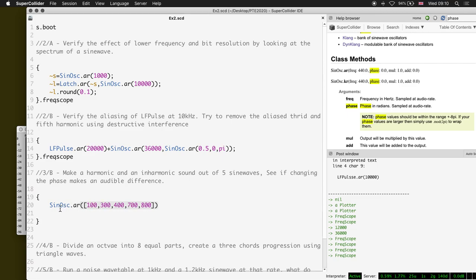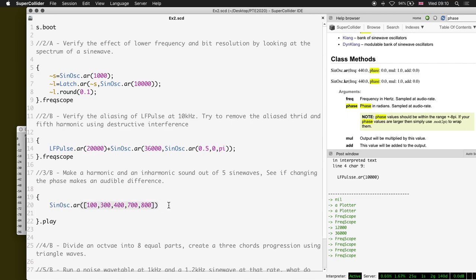Having said that, once you have an array of 5 sine oscillators, if you play that back, what you actually get is each one playing in a different channel. So if you have 8 outputs on your sound card, the first 5 will play these sine waves respectively. Now this video is mono, only the first channel.